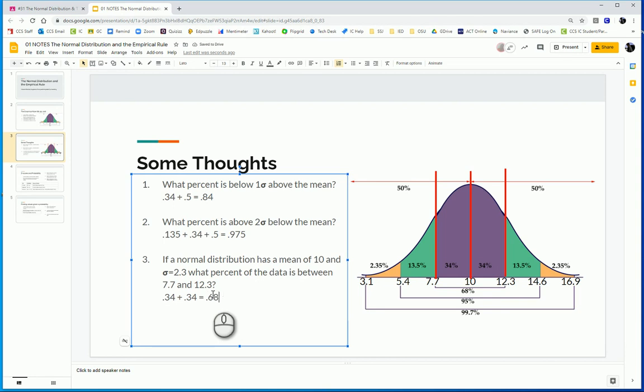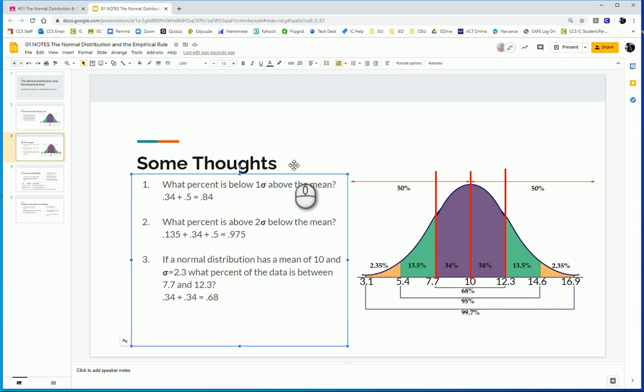So effectively they're asking what percent of the data is within 1 standard deviation of the mean, and that's 68%. So remember, 68, 95, 100 rule. 68, 95, if you want to be more exact, 99.7.